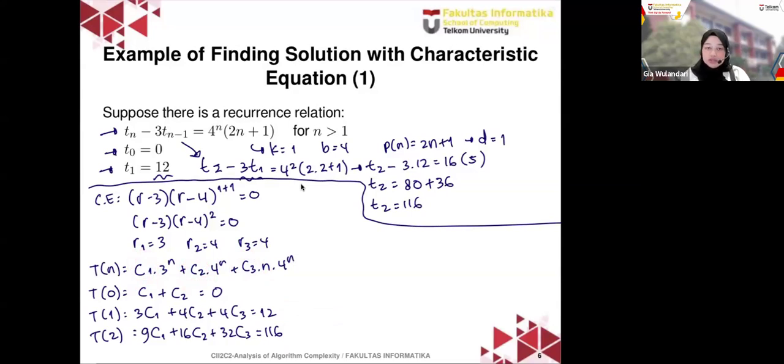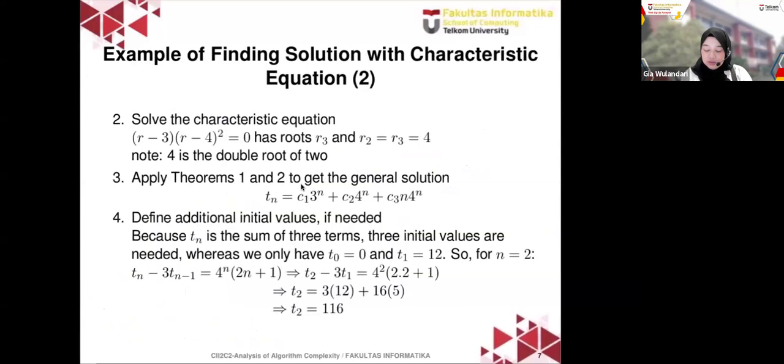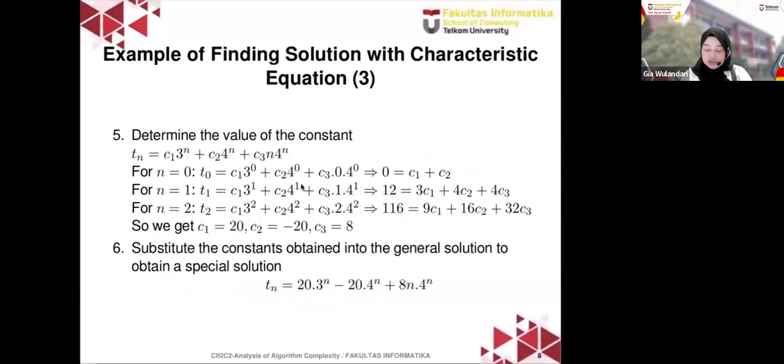You can use elimination and substitution. You can use elementary row operations, OBE, and any method you like. So for example, here, we just use usual elimination and substitution.